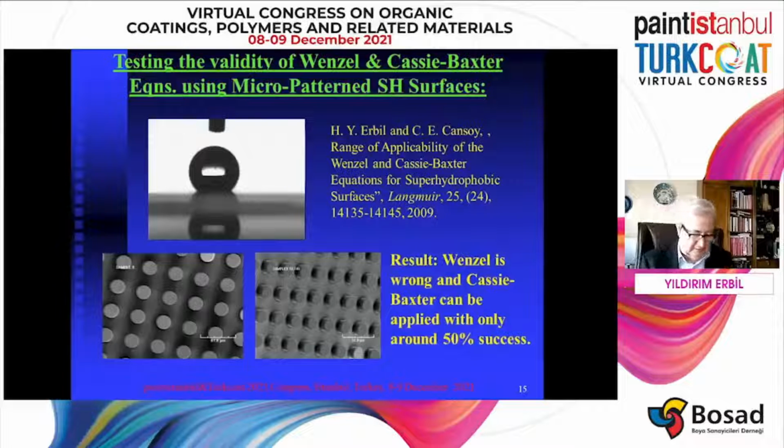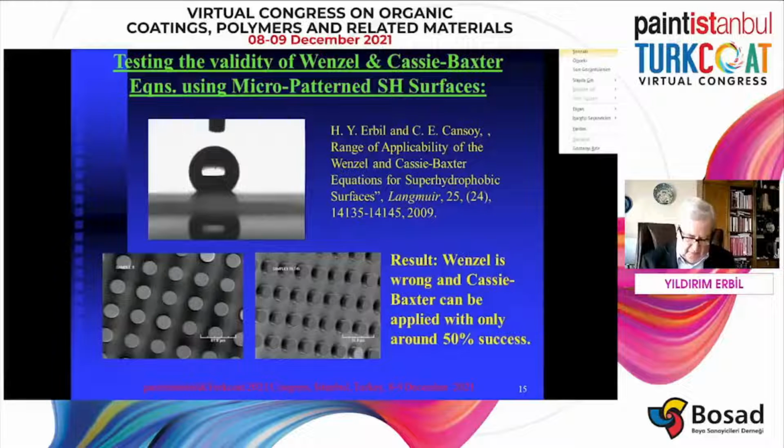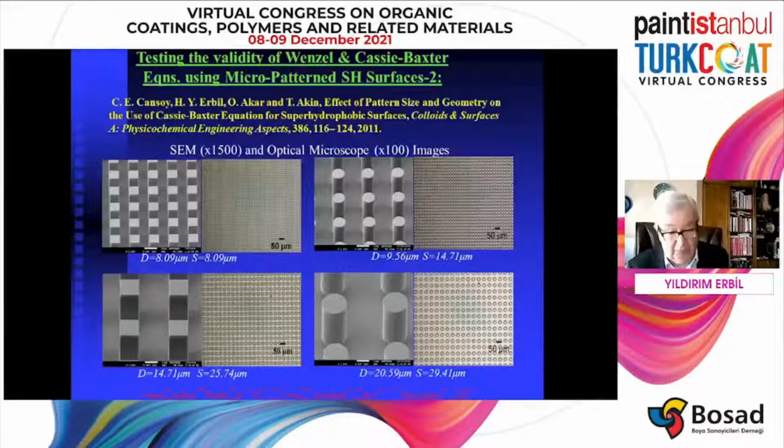And we also tried to prepare our own patterns in cooperation with the Middle East Technical University, and published this paper in 2011. And then also the Wenzel was not valid. Cassie-Baxter is also 88% unable to be used on our samples. There are 48 patterned samples used for this calculation.